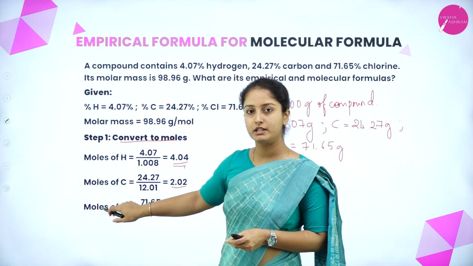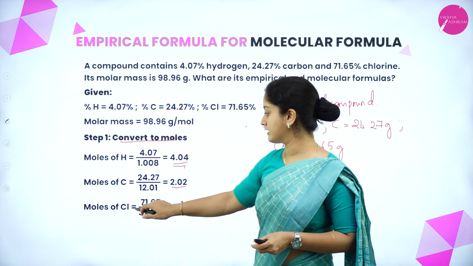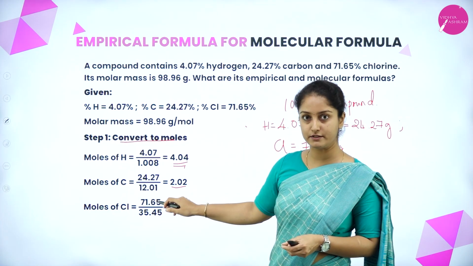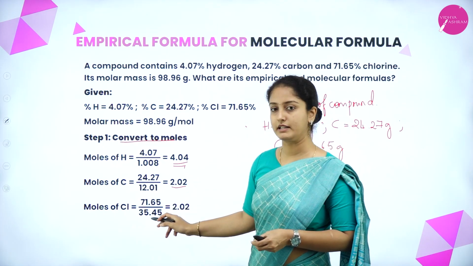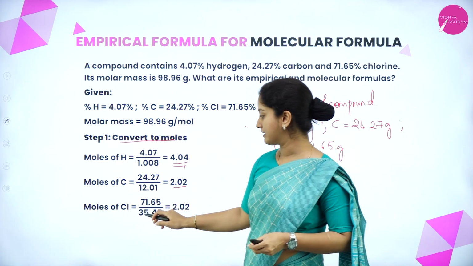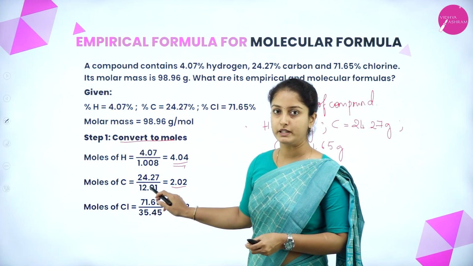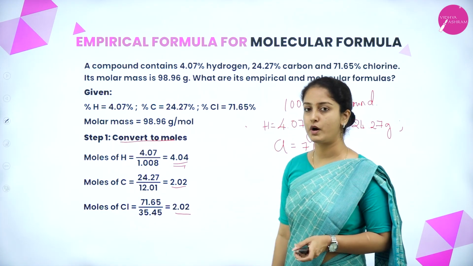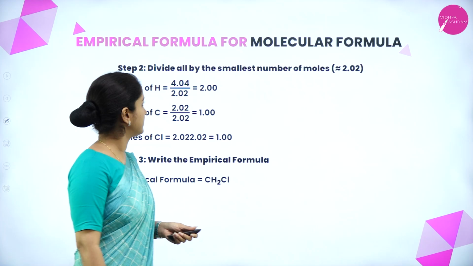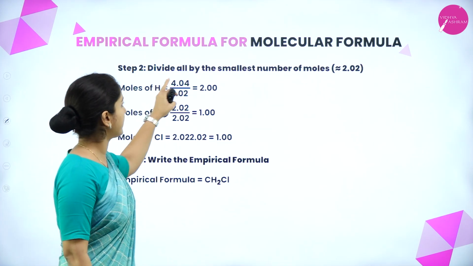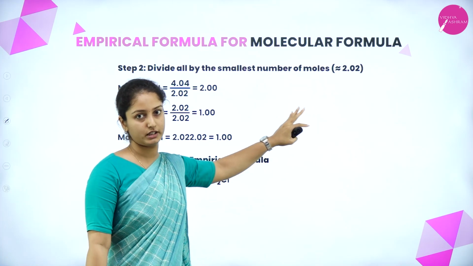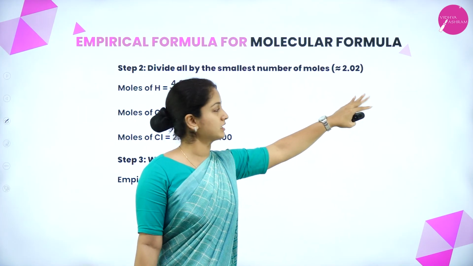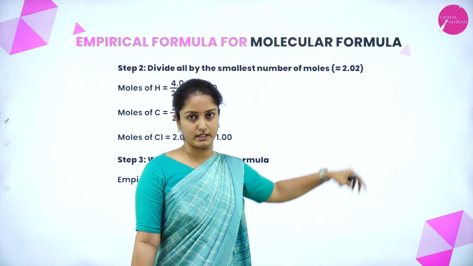There is one more element, chlorine. So, moles of chlorine is equal to 71.65 grams of chlorine divided by the atomic mass of chlorine, 35.45. When divided, you get 2.02 moles. The second step is to divide all by the smallest number of moles obtained. Here, 2.02 is the smallest number.